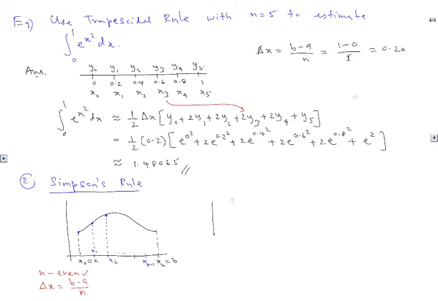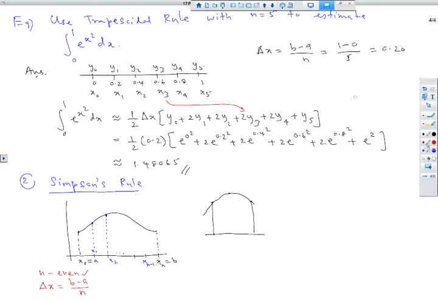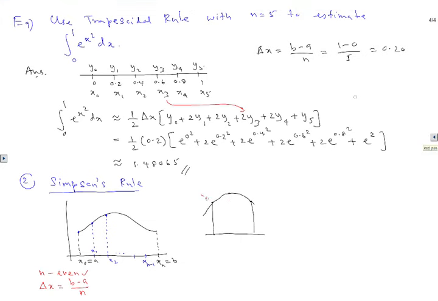So let's look at the situation. We have these 3 points, and those are the heights. Let's say this is your actual graph. It can be kind of difficult, it can be anything.